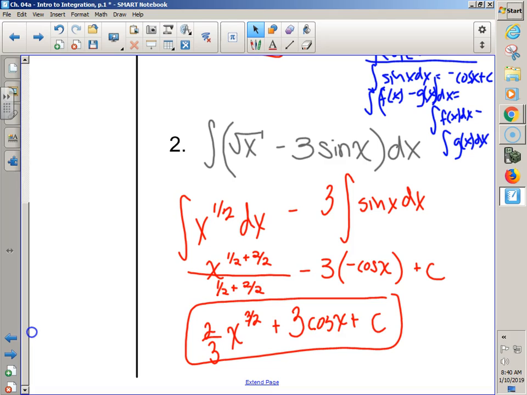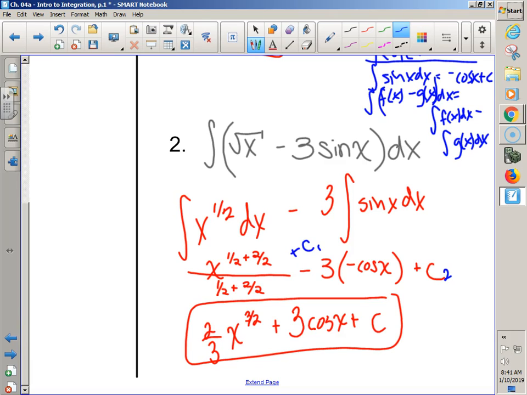Did you guys notice what else was a little weird? Just a few of you might have thought like, oh, he has a plus C and he has a plus C. Did anybody have 2 plus C's? Oh, maybe not. If you had done separate plus C's, you would have had plus some arbitrary constant and then plus some other arbitrary constant, because they don't have to be the same.